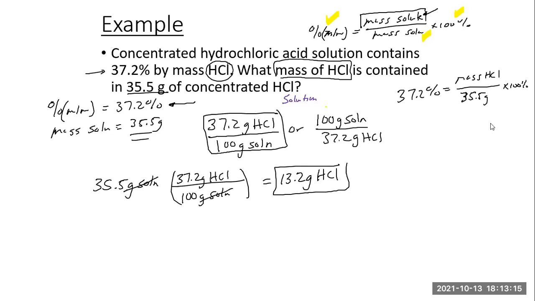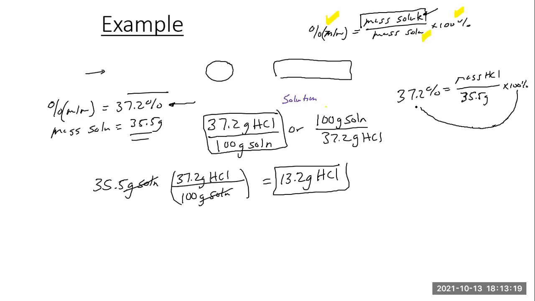We would be dividing the 100 to the other side, and we would be multiplying the 35.5 to the other side. And basically that's what we just did there, 35.5 times 37.2 and we divided by 100.